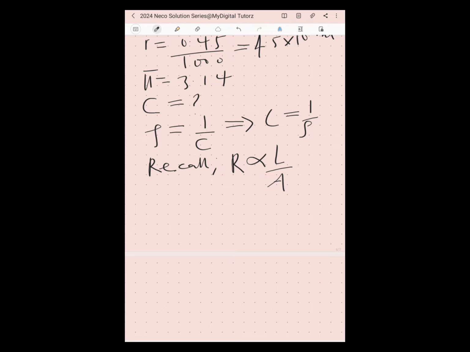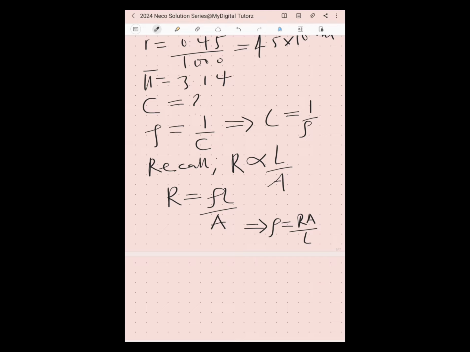Removing the constant of proportionality gives us R equal to rho L over A, and we call the constant of proportionality the resistivity. So from here it implies that our resistivity is equal to RA all over L, by making resistivity the subject of the formula.